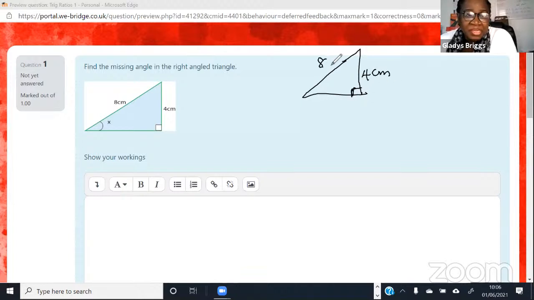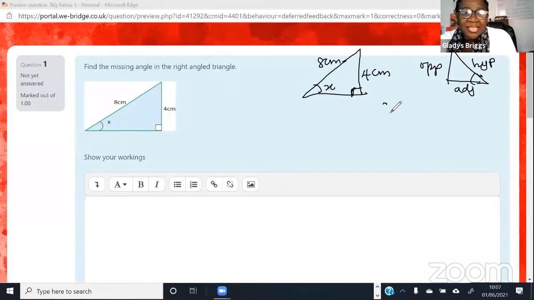You have 8 centimeter, and this is the angle X. I told you already that this is the hypotenuse. And if you have this angle, then this side that is opposite to that angle is called the opposite side. And the side that is just underneath the angle is the adjacent side.